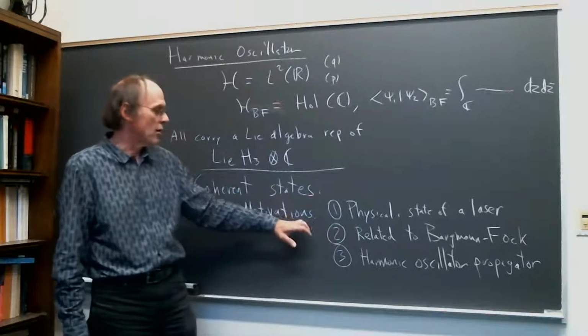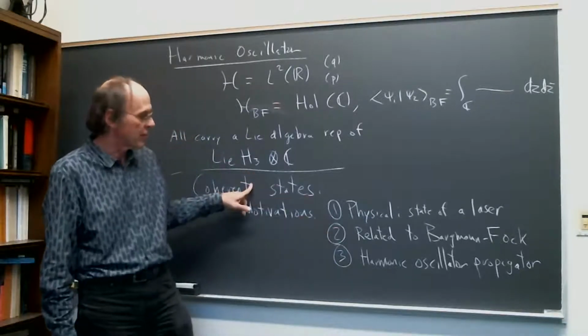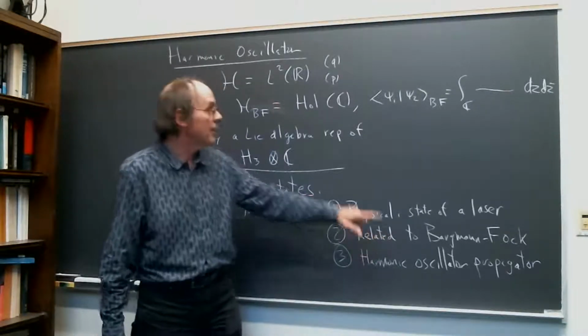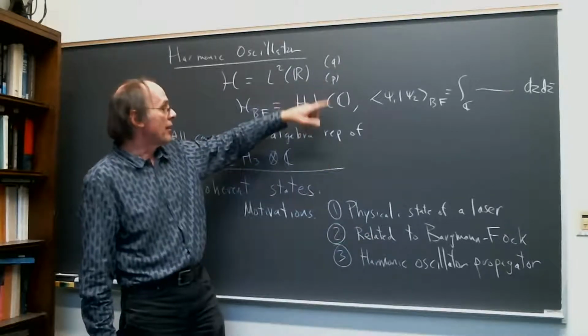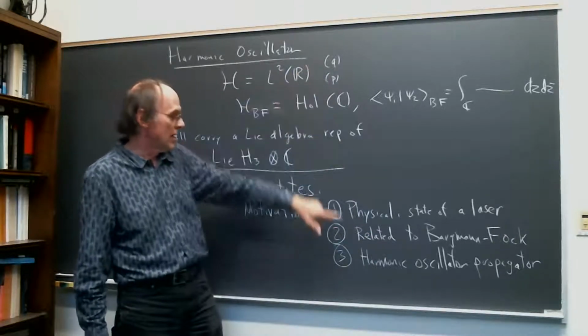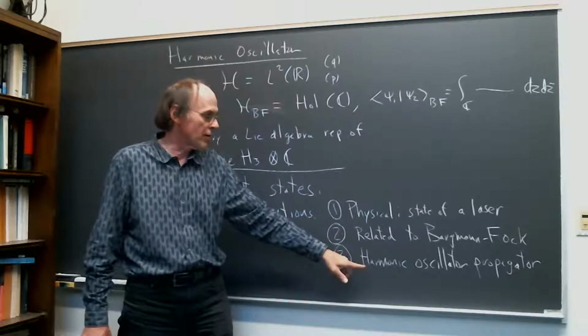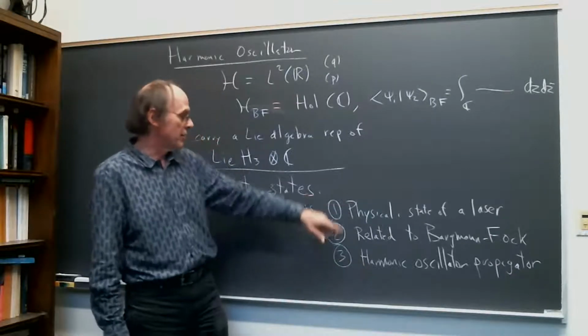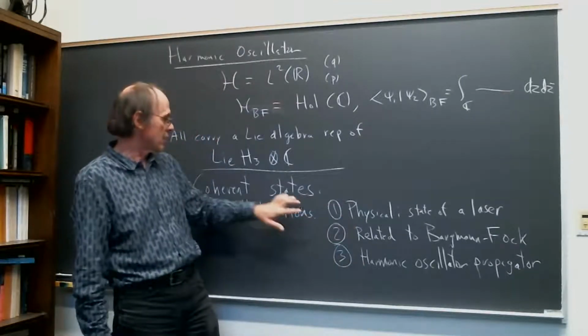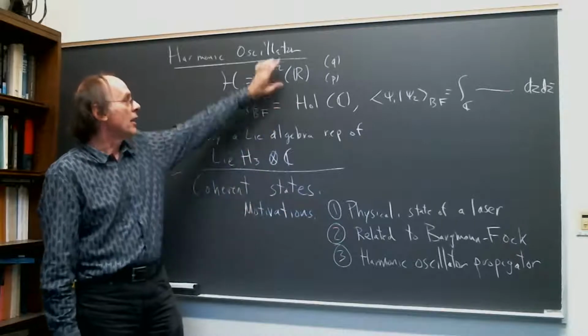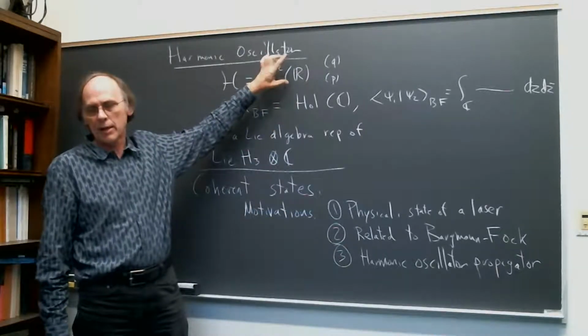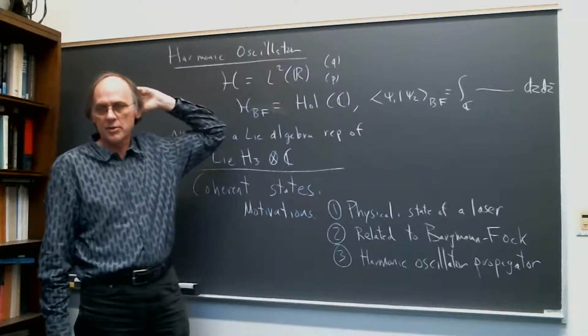And then if you understand the relationship between coherent states and Bargmann-Fock, that tells you how to take the story about the harmonic oscillator, which is easy in coherent states, and write it back in original physical space.